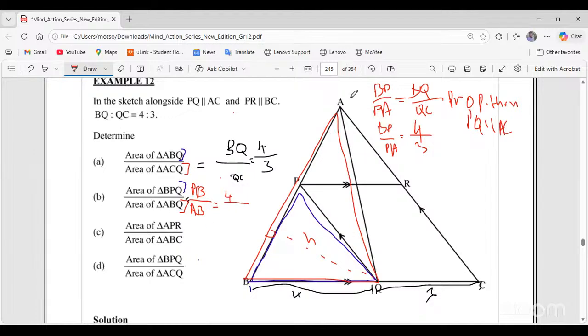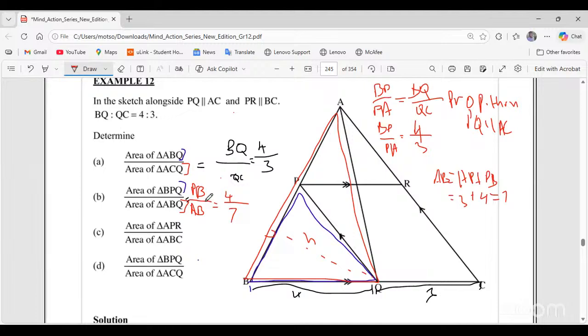AB is equal to AP plus PB. What is AP? AP is 3 plus PB is 4. Now everything is 7, so my AB there will be 7.